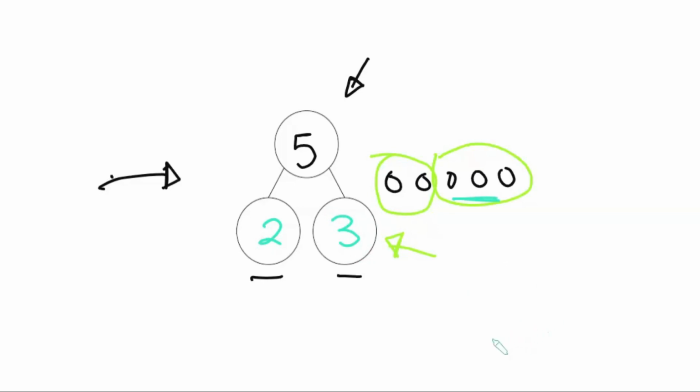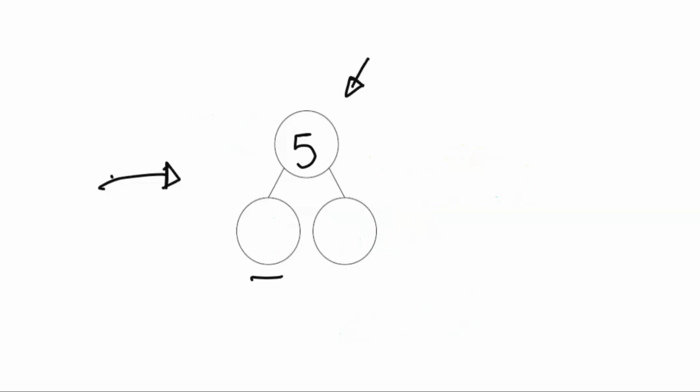And that is exactly how a part whole model works. And then we could check our answers. 2 plus 3 should equal whatever is our whole number, which is 5. Double check that. 2 plus 3 equals 5. Absolutely correct. Perfectamundo. But that was just a quick demonstration on how a part whole model works.